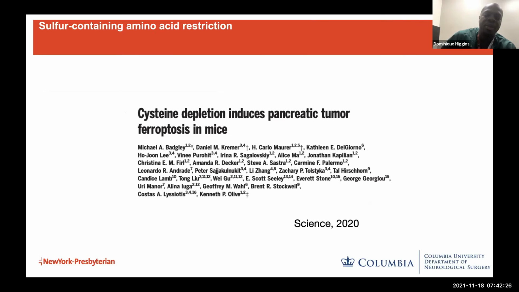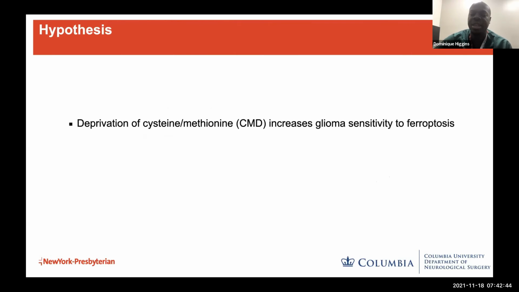And another collaborator used a different approach, cysteine depletion by enzymatic methods, using cyst(e)inase in pancreatic cancers, and showed that it dramatically improved survival. Given the blood-brain barrier penetrance issues, though, we thought that it might not be the most viable option for glioblastoma. So we decided to take a different approach by using dietary deprivation to avoid the blood-brain barrier issues, and we could also increase glioma sensitivity to ferroptosis.